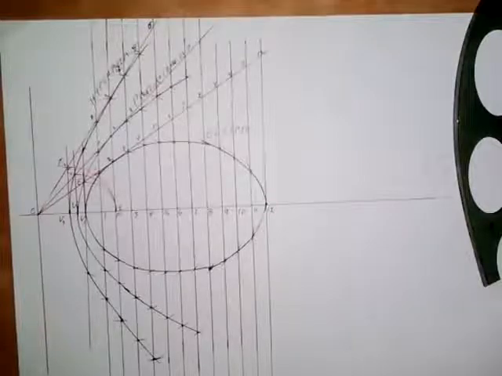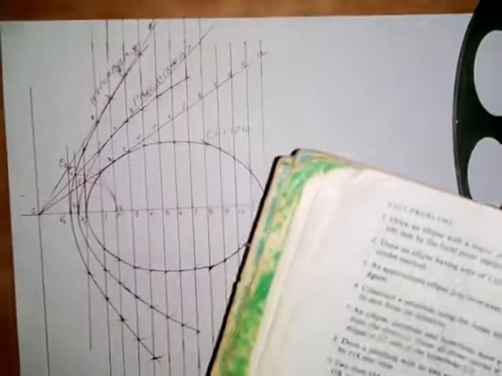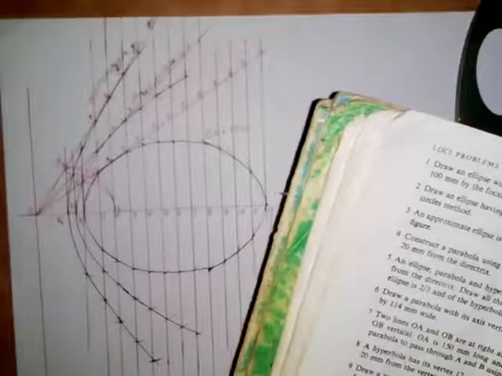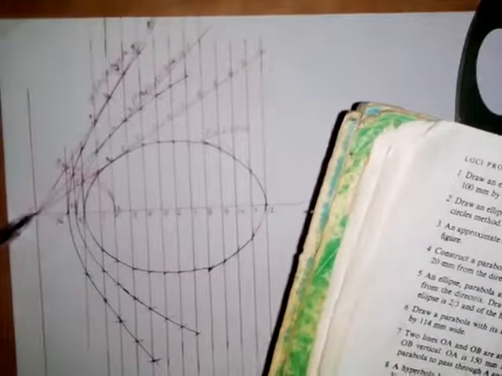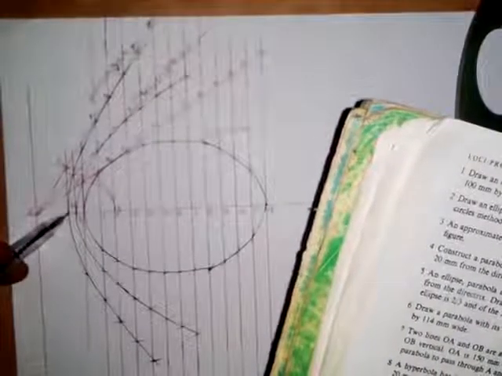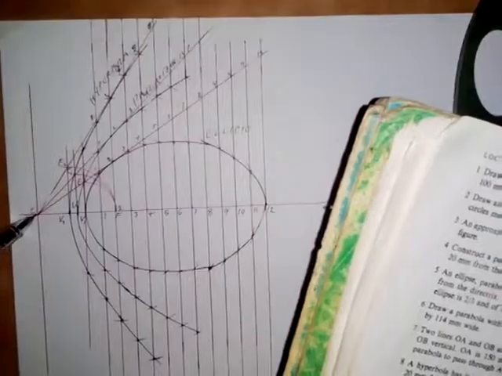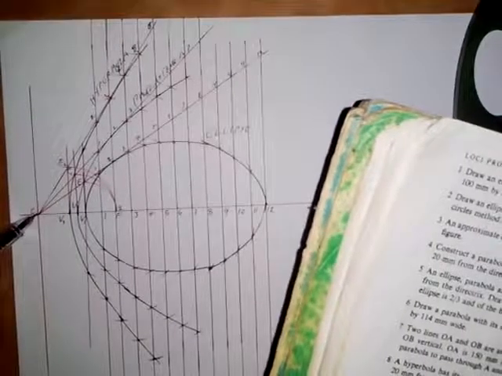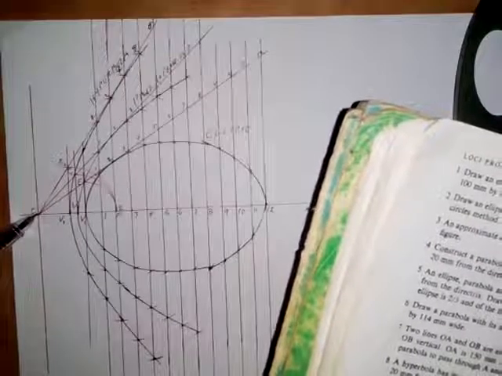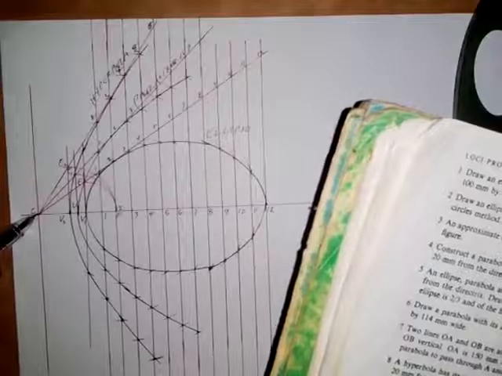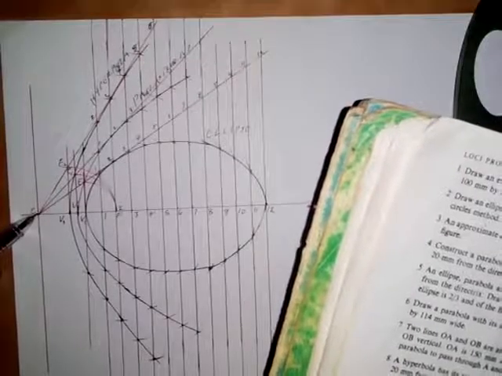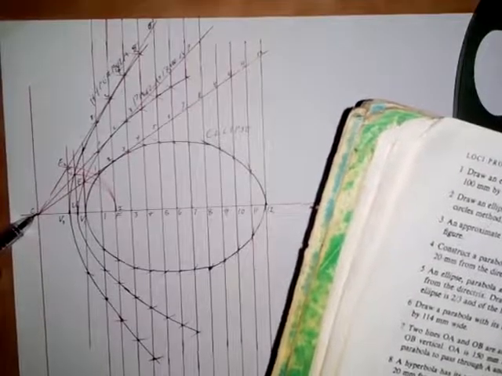Let me explain that. We are told that the distance of the vertex from the directrix is 12 millimeters. That means the distance of V3 from C here should be 12 millimeters. And the distance of the focus from the vertex is 20 millimeters.